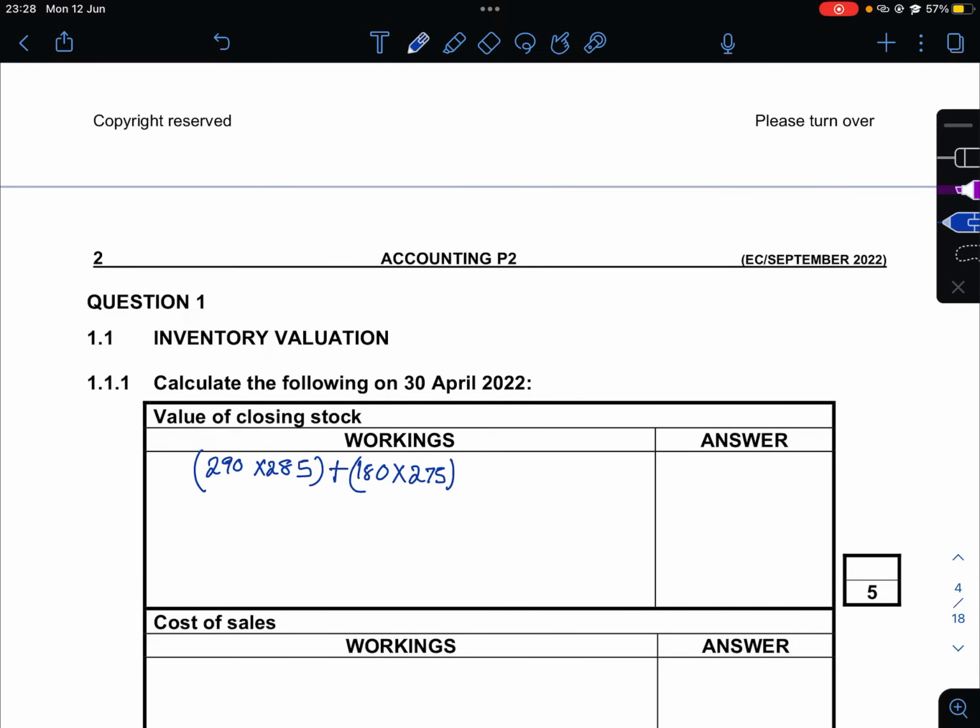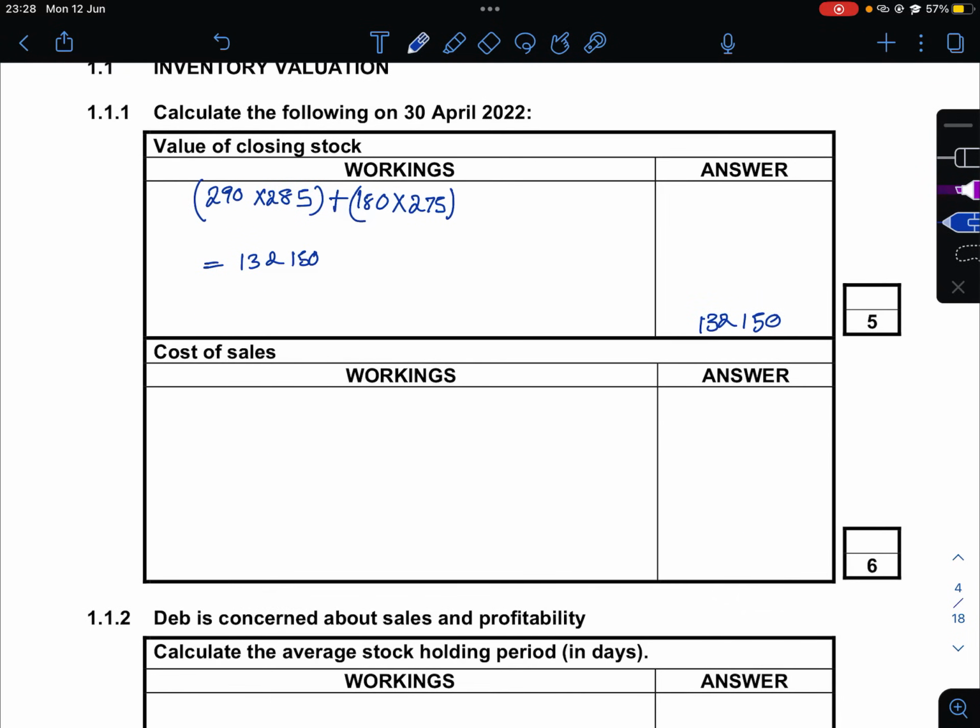Then you calculate the value of your closing stock. Let's see what we have. 290 times 285 plus 180 times 275, and I'm getting 132,150. That's your 5 marks. And then moving on, we're supposed to calculate the cost of sales.